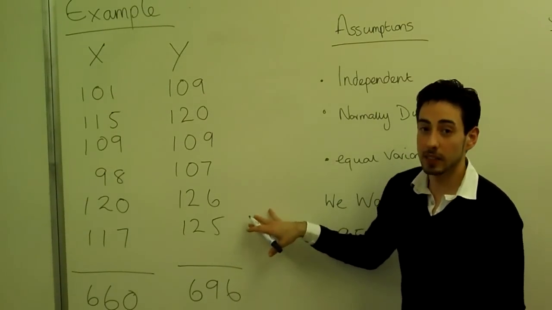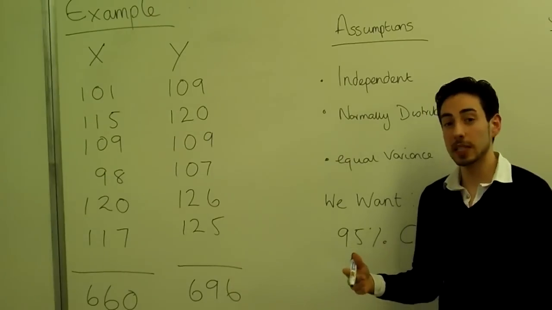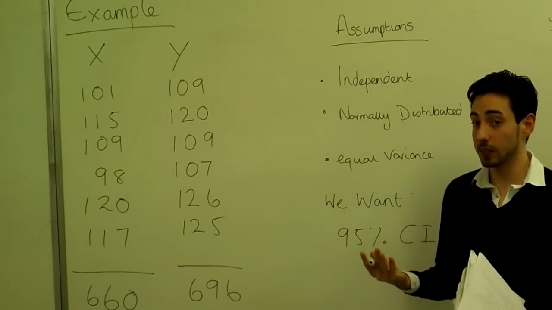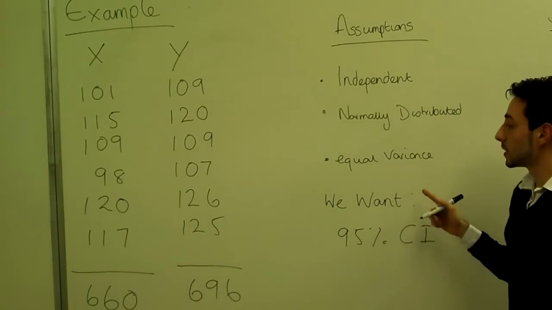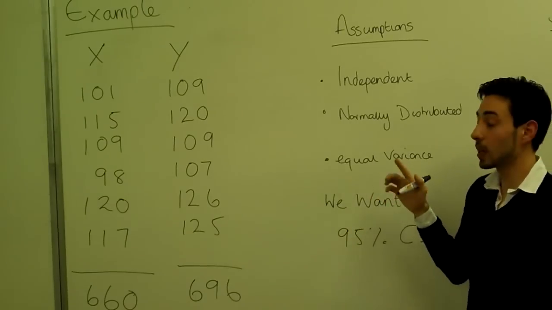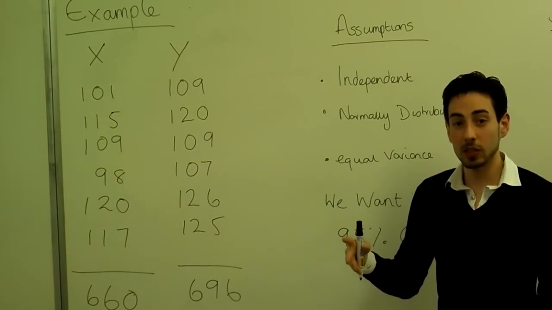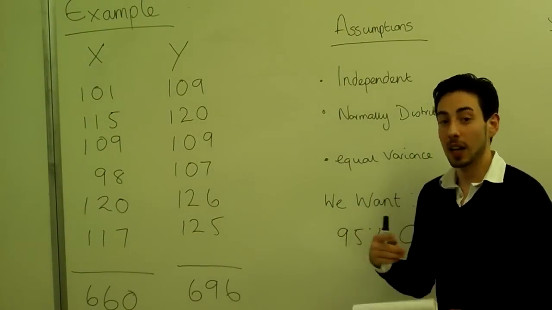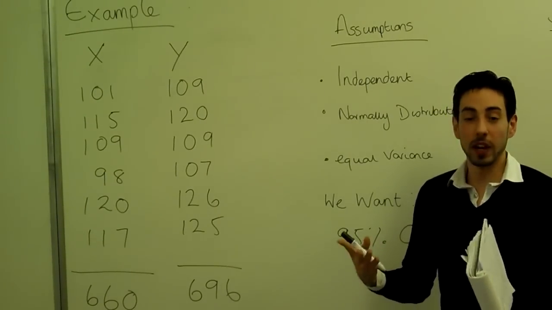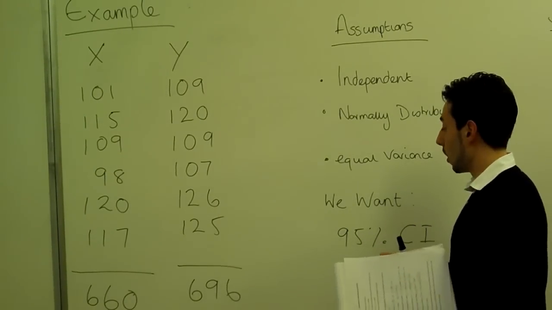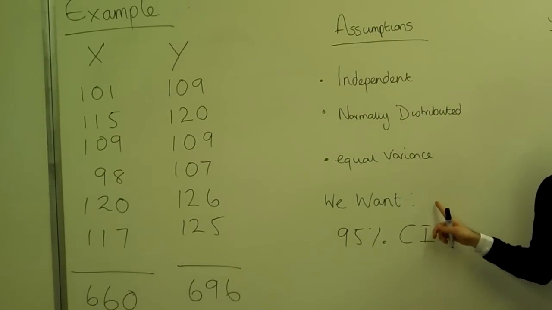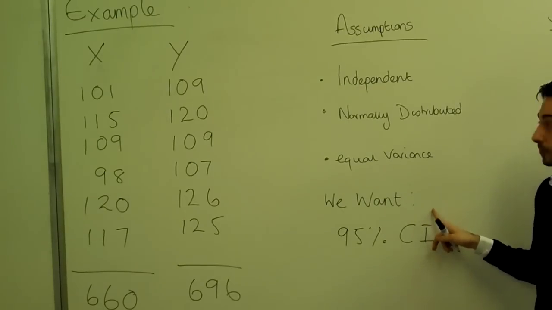Now we know that in this case, but you may need to check your own data with certain tests to check if that really is the case. And we can also assume in this case that we've got equal variance because one person doing a test and doing it a week later, we can assume that their variance is going to be the same. Okay, and we want a 95% confidence interval for this data.